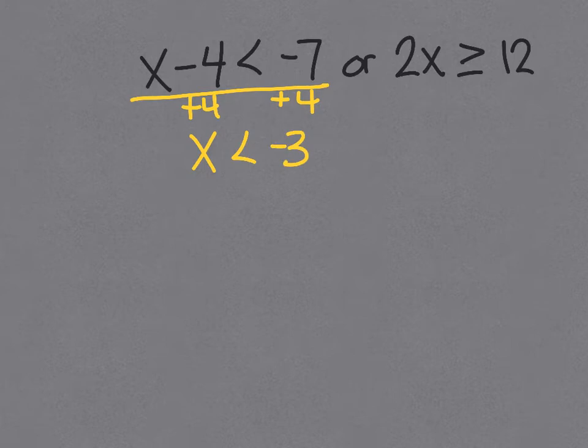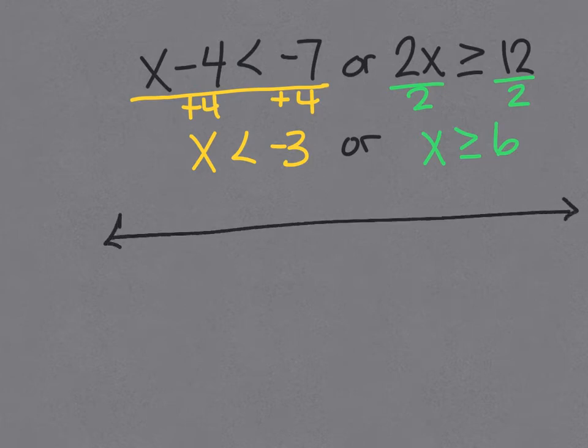And then on the other side, we're going to isolate the variable and divide by 2. So x is greater than or equal to 6. All right, so let's look at a number line. When you're making your number line, look at the spread, the range of your numbers. We're going from negative 3 to positive 6.